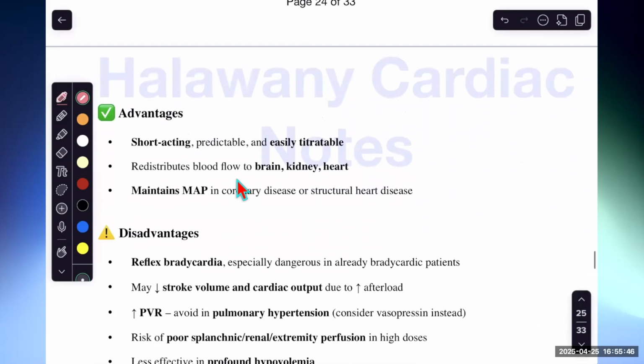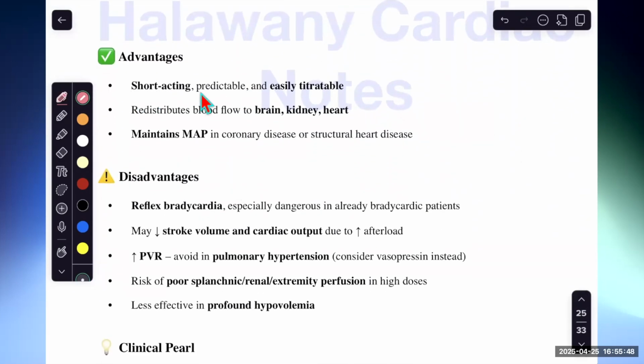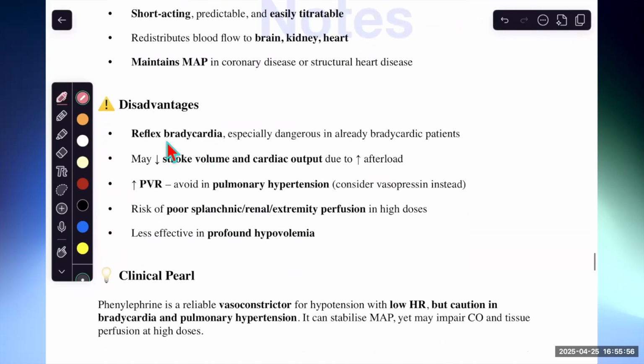What's the advantage? Short acting, yes. Easily titrated, yes. Predictable, very nice. Redistribution of the blood to brain, heart, kidney, maintaining MAP. Disadvantage, reflex brady. This is very dangerous, especially if the patient is already bradycardic. Sometimes you get a patient whose baseline heart rate is 50.